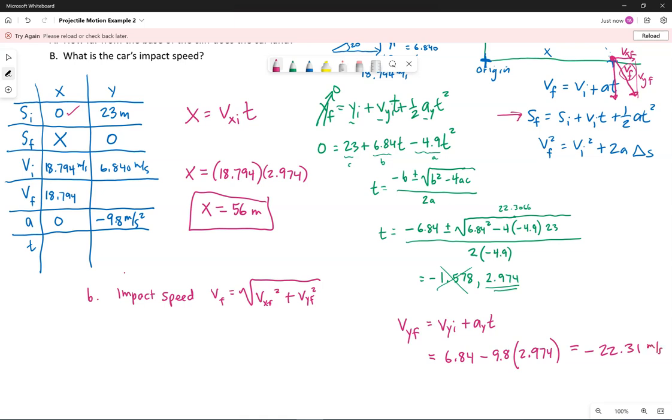Negative, remember, means it's headed downwards, which totally makes sense. And it's going quite a bit faster now, which hopefully makes sense as well. Gravity speeds it up on the way down.